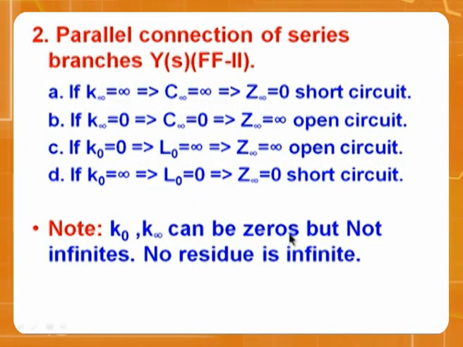Look here. K0 and K infinity can be zeros, but not infinity. No residue is infinity. Please remember, the word residue is what mathematics calls it, but in control systems and in signals and systems we call the same thing a system constant. So all the constants can be 0, but they should not be infinity. Why?